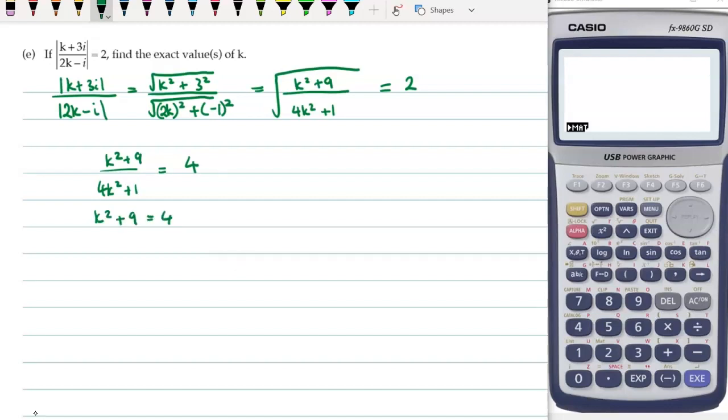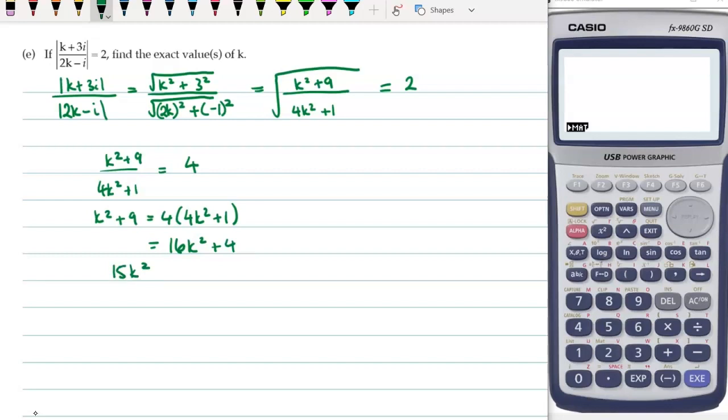Working that through, bringing the 4k squared up and to the right, we times it by the 4. We'll get a 16k squared plus 4. Now let's take the k squared plus 9 over to the right hand side, or the k squared parts over to the right. We'll have 16k squared minus a k squared would be 15k squared.